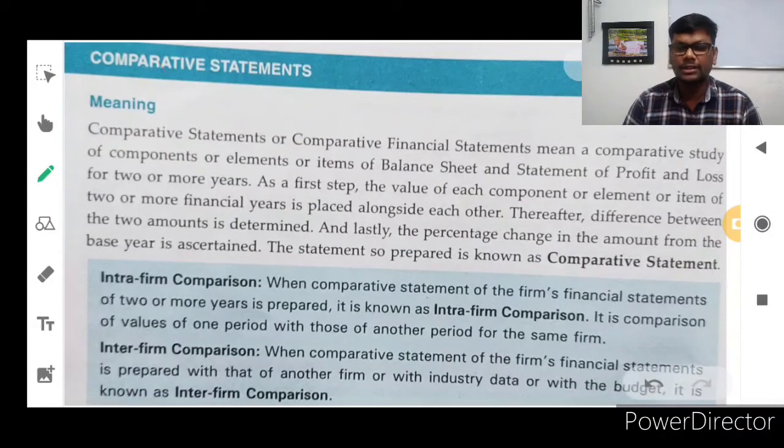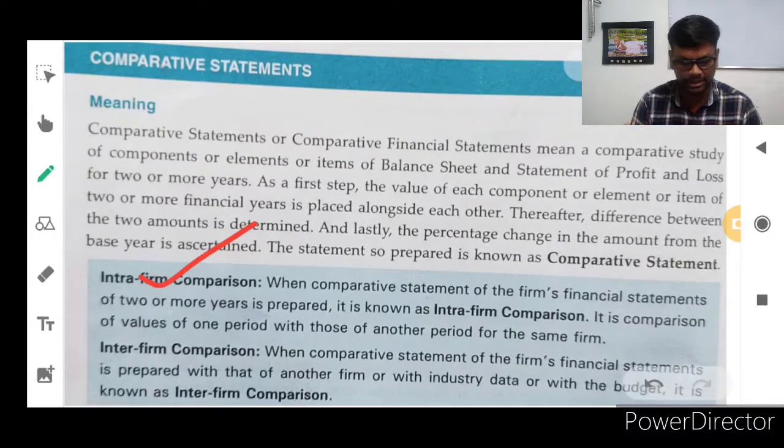Intra-firm comparison is when a comparative statement of the firm's financial statements of 2 or more years is prepared. So it is within the firm comparison. At least 2 or more years' balance sheets we need to prepare these comparative statements. It is known as intra-firm comparison.